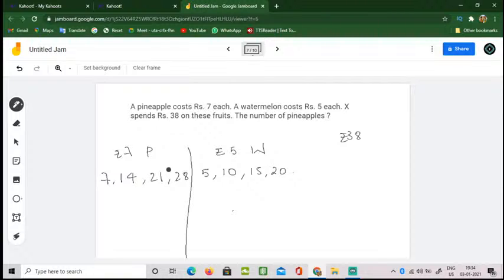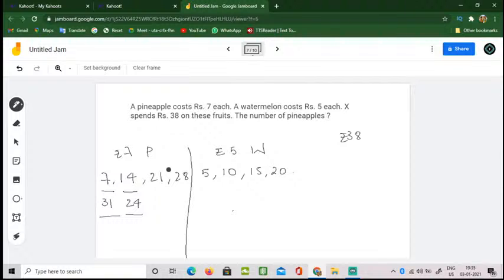After buying the first pineapple, he is left with 31 rupees. Is 31 a multiple of 5? No. So he bought one pineapple successfully. Coming to the next one, he has 24 rupees left to buy the watermelons. But is 24 a multiple of 5? No. So he has some more money.